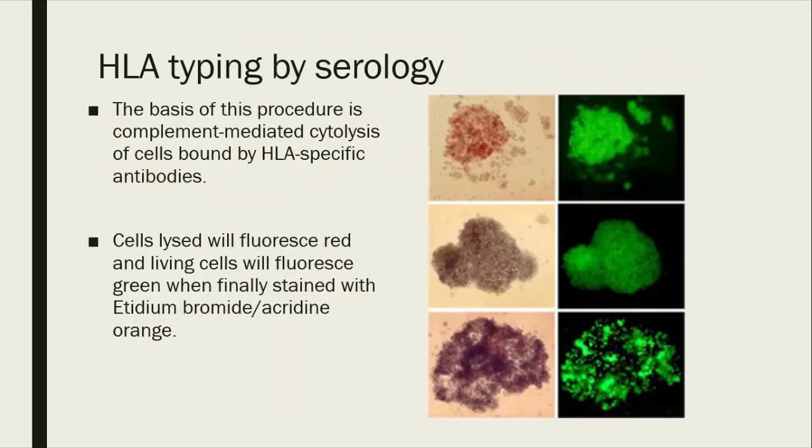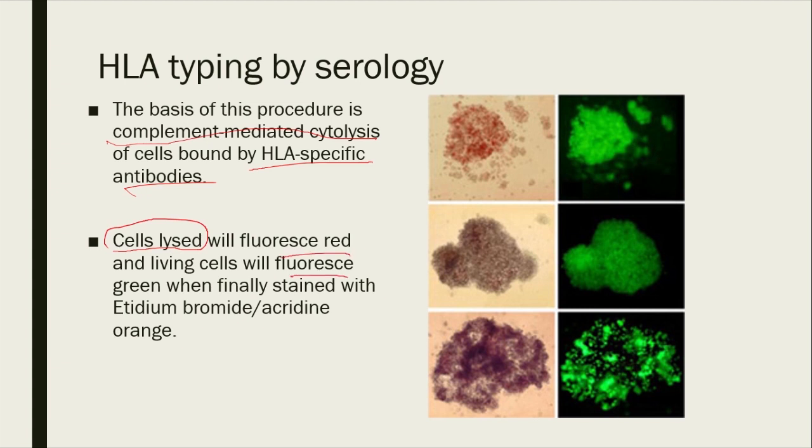So what are these screenings? HLA typing by serology basically uses antibodies treated with the cells, and the process is to see if there is complement-mediated cytolysis when they are bound by HLA-specific antibodies. So it's the antibody-mediated complement system, and if they are not compatible, the cells will lyse, and these cells will be treated with different fluorescent dyes.